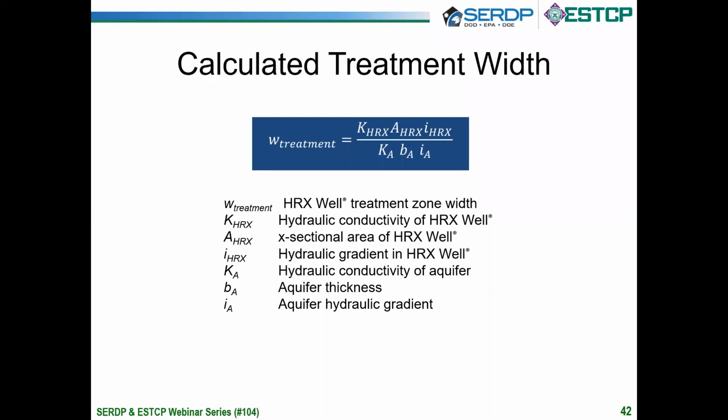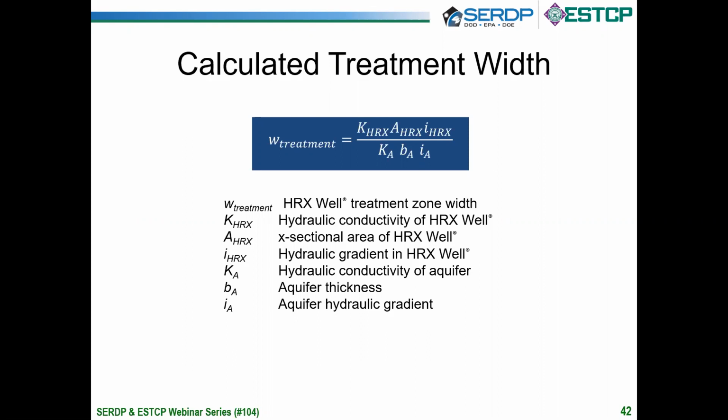In the denominator, you have terms that similarly describe the characteristics of the aquifer. So you can see that the way you maximize that treatment width is by increasing that contrast, by increasing the hydraulic conductivity of the media relative to the aquifer and maximizing the cross-sectional area.